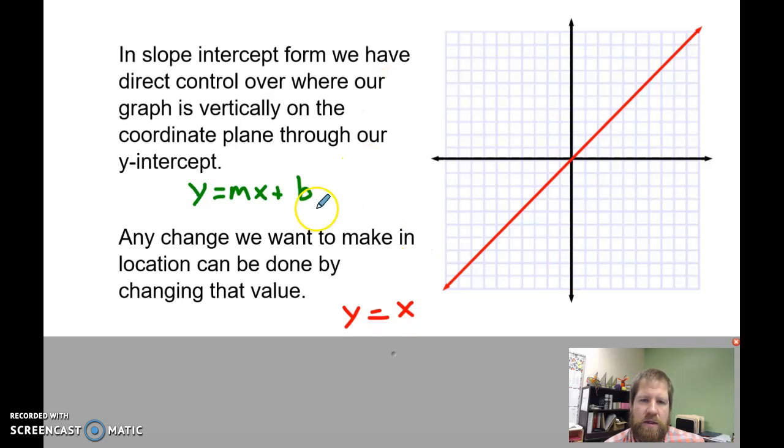have access to a really easy, quick, and direct change in our line in our vertical direction.